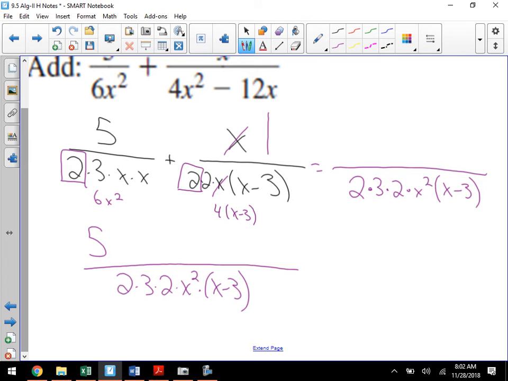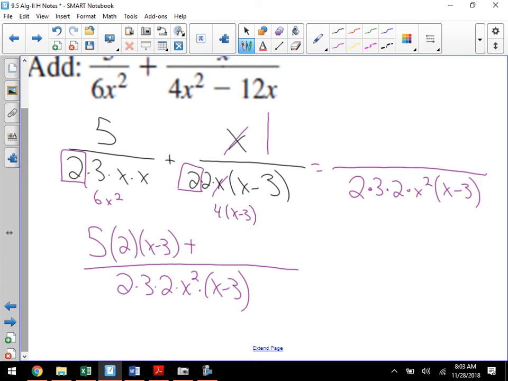Fraction on the left. It has a 2, it has a 3, and it has an x squared. What is it missing? 2 and an x minus 3. Fraction on the right.